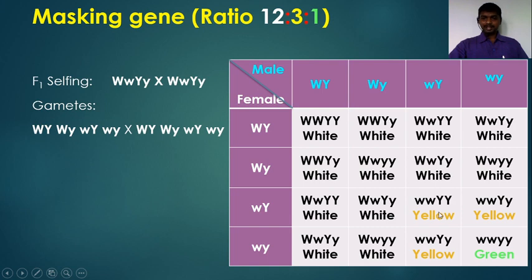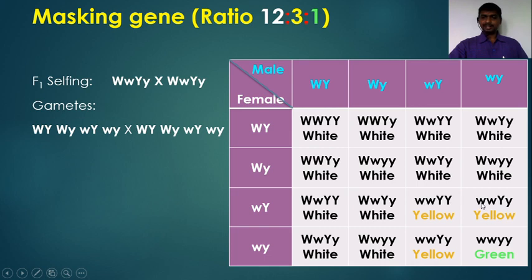But in this case, this W is small and Y is capital. So due to the presence of the dominant allele capital Y, the phenotype is yellow. This allele of the W gene is not able to mask the phenotypic expression of the other dominant gene Y, because here it is recessive. Here it is recessive.